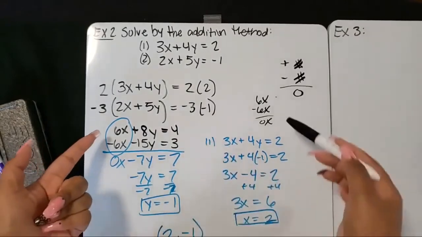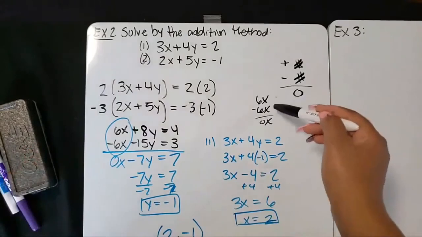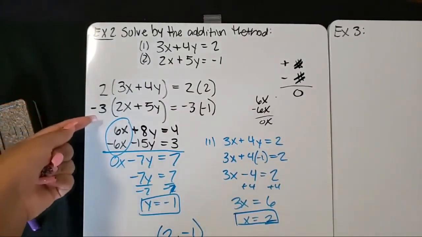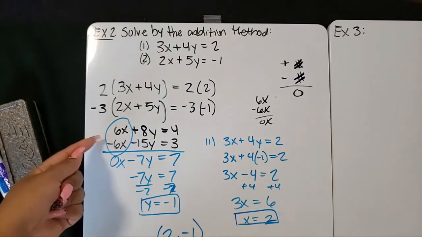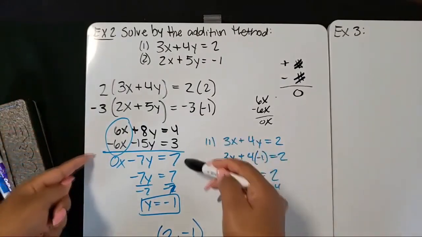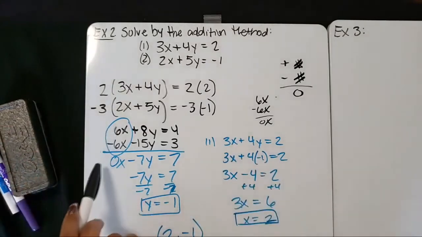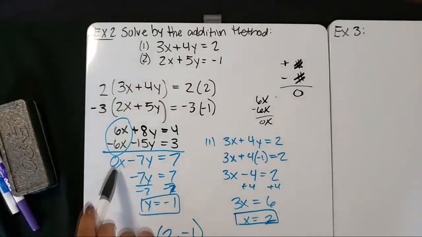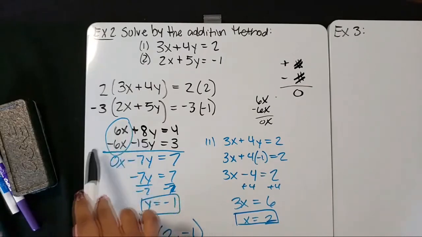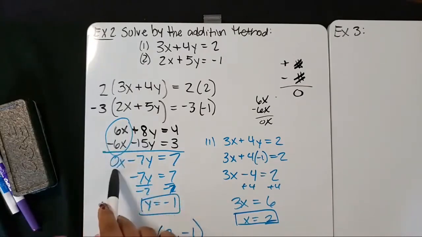So I got exactly what I wanted. This is the goal that I set. I multiplied by these two numbers, and this is what I got, which is exactly what I wanted. Now when I add these two equations together, my x variable is eliminated because 6x minus 6x is 0 x's.